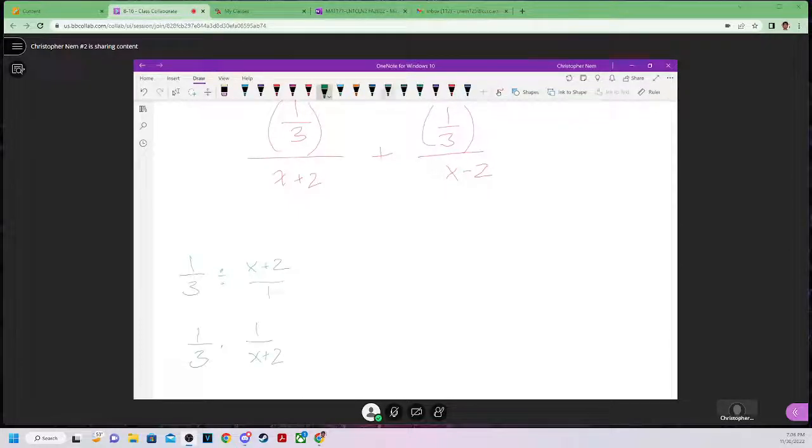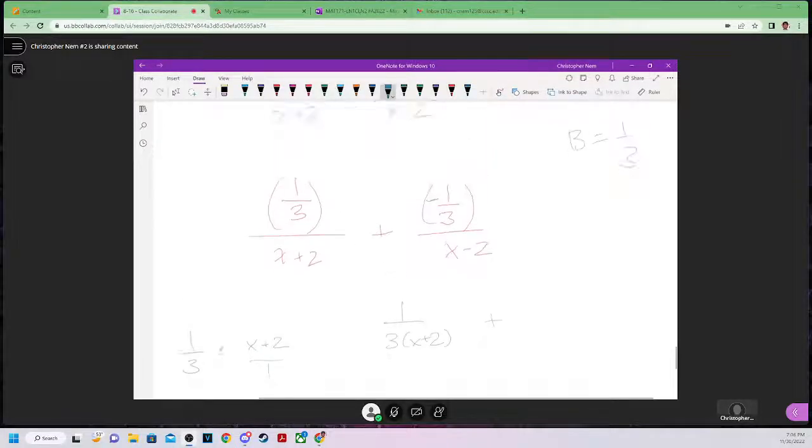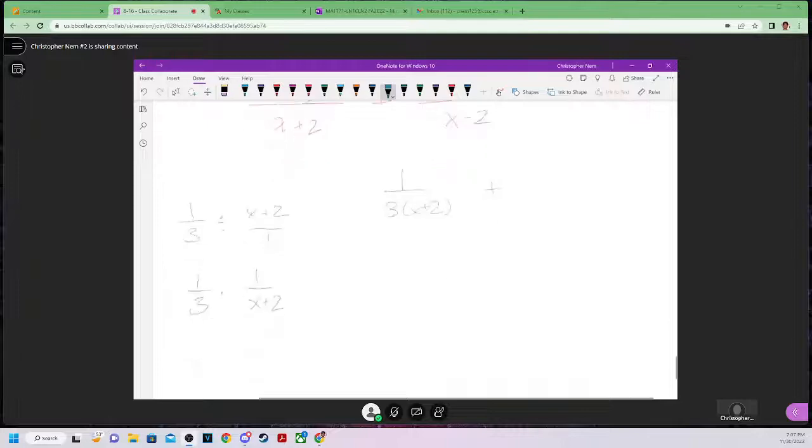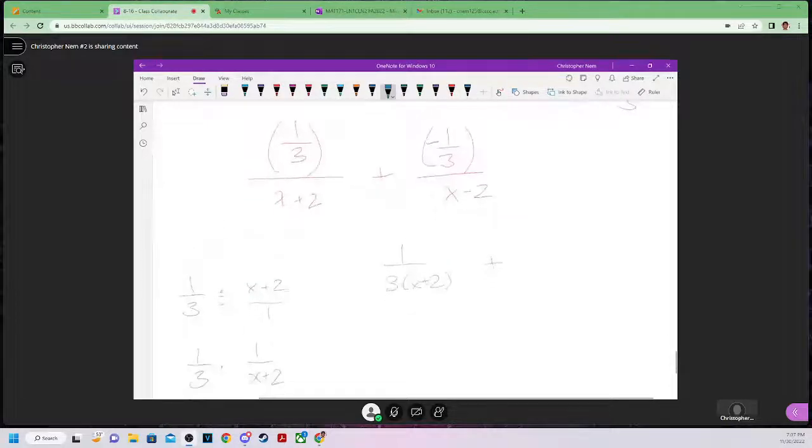So that means your simplified version should be 1 over 3 times x plus 2 plus, and let's say this is negative, let's just suppose this was negative right here, just to give you an idea, negative 1 over 3 times x minus 2. If I do keep change flip. Boom.